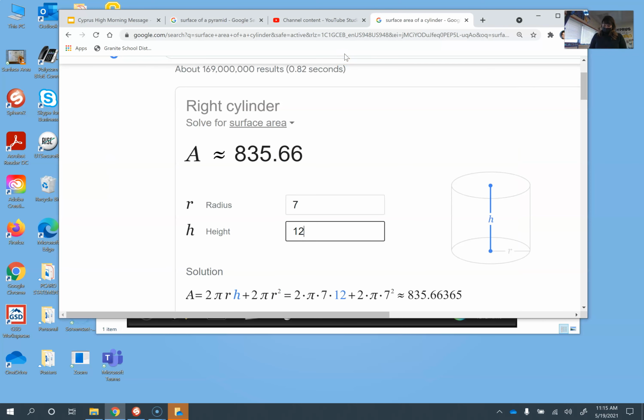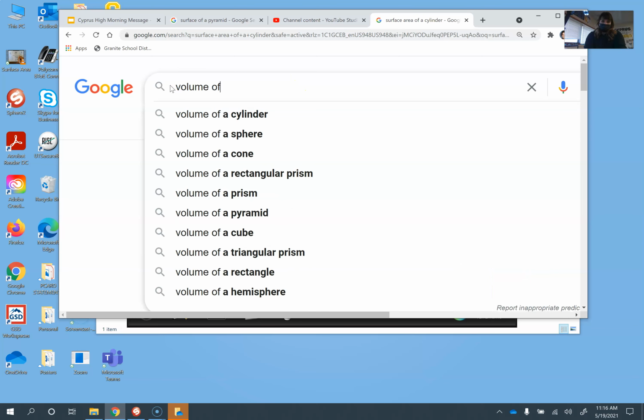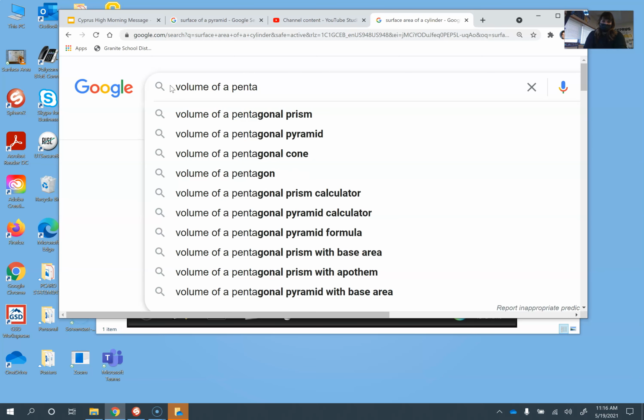So I'm on last time's notes, page 150. And I'm going to try to find the volume of this pentagonal prism. I'm pretty sure that's what it's called. So I'm going to type in volume of a pentagon.